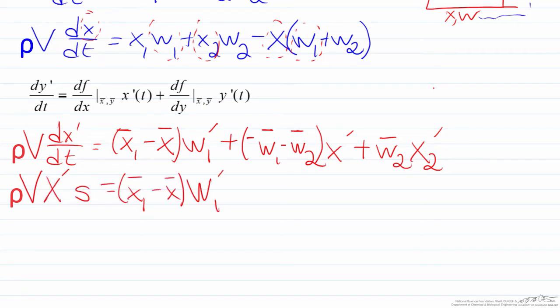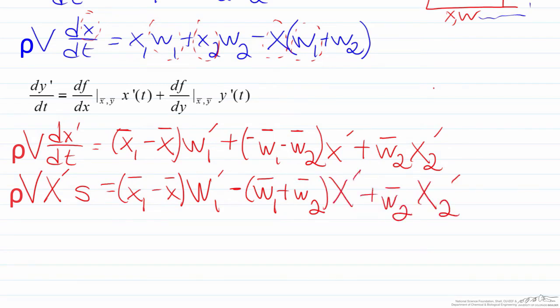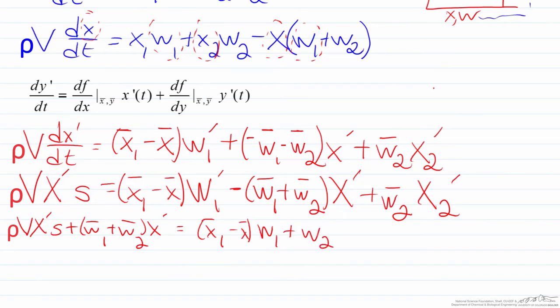Again, since we're in deviation variables, the f of 0 term goes to 0, so we're just left with, on the left-hand side, the derivative term becomes V, the coefficient, times s X prime of s, and the other terms, since they're just variables, the Laplace transform is the variable, except in the Laplace domain. We can now move the X prime term over. Again, this will now become a plus, and we'll have two separate transfer functions here.